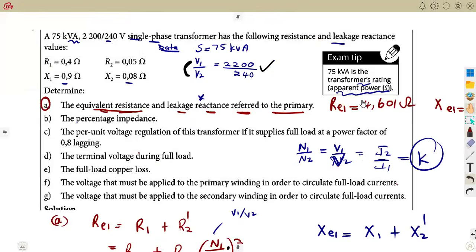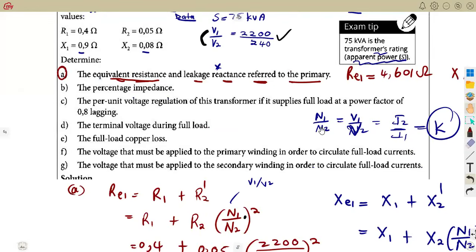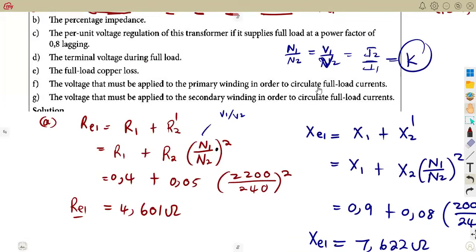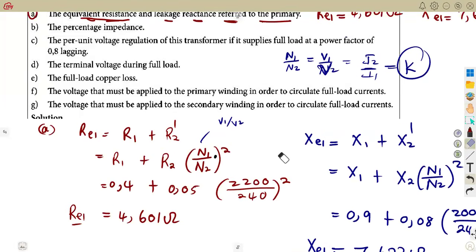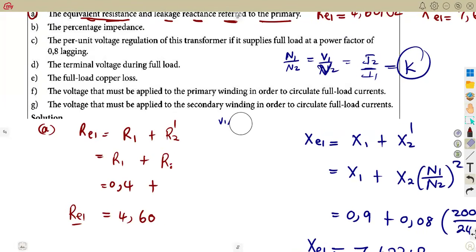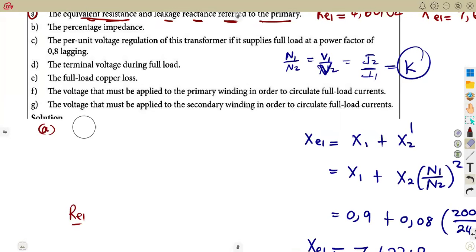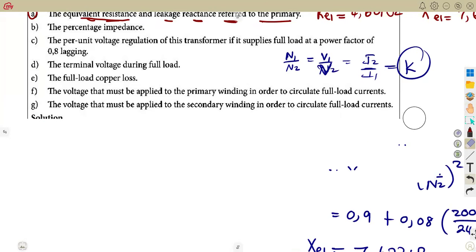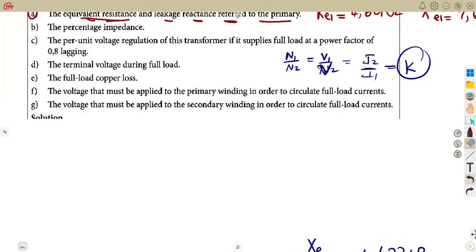Let's consider the second question, where they want us to calculate the percentage impedance. How are we going to have that percentage impedance? It depends, because there's a percentage now. They need this as a percentage. How can we calculate the percentage impedance? It depends on the conditions that you are given.